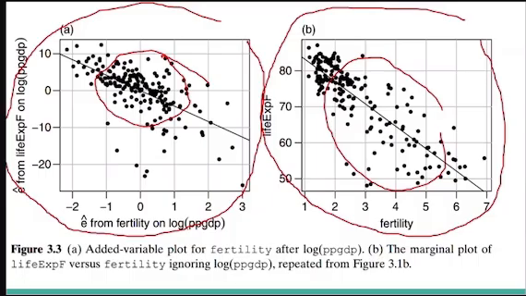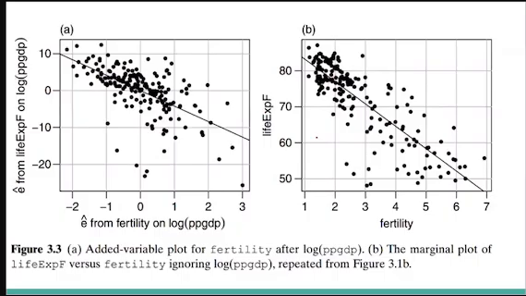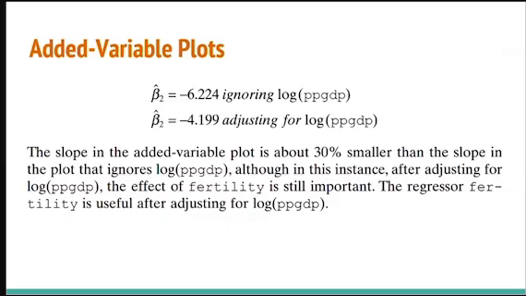I'm actually going to show you now, because in the two plots there is going to be a slope. The slope for this one, the slope for that one. Take a look at this. When I ignore the log per capita GDP, you see what I have. In the marginal plot we actually ignore something, but in our variable added plot, we adjust for it.